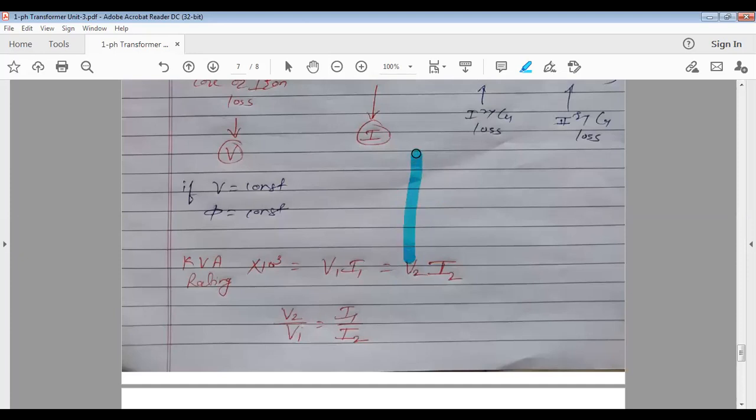Then the current on the secondary will be less, and then I2 square R, that is the transmission losses, will be less because the current is less. And that's why after the generating station, a step up transformer is there. Voltage gets stepped up, then current will be less, and at this higher voltage with less current, with less transmission losses, electricity gets transferred over a larger distance.